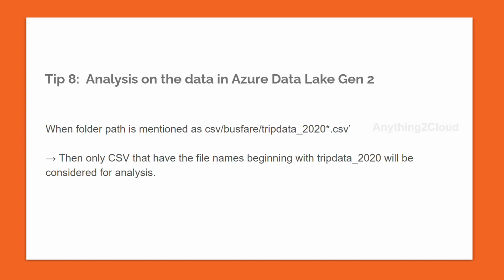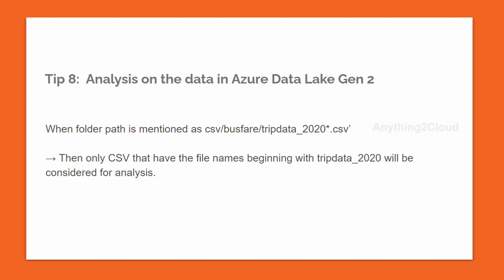The next tip is on analyzing the data in Azure Data Lake Storage Gen 2. For example, when the folder path is mentioned as csv/busfare/tripdata_2020*.csv, then only the CSV files that have file names beginning with tripdata_2020 will be considered for analysis.